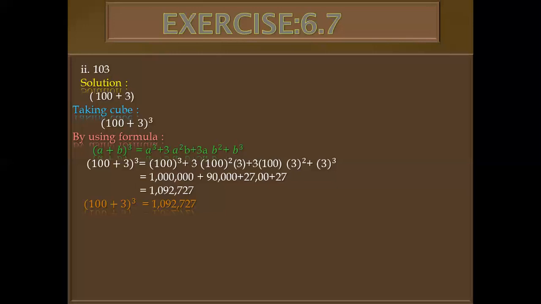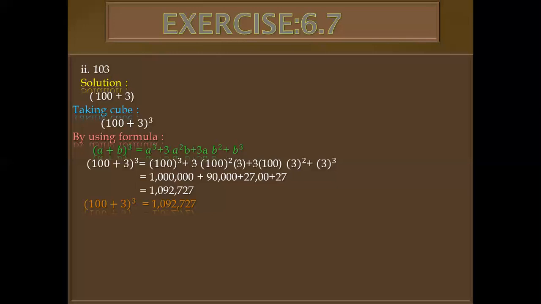Then in the next term, 3 into 100 square into 3. Now in this term, first we take the square of 100, then we multiply it with 9. And the answer is, how many zeros are there? 4 zeros, 90,000.